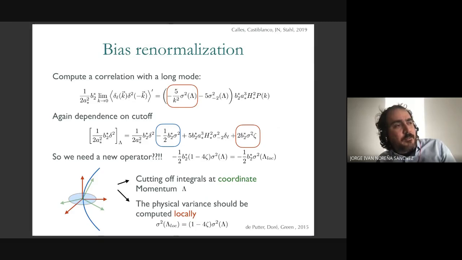And we see this for every operator. For every operator, we have terms that contain the curvature fluctuation. And when you renormalize, it seems that you need to include them. But there is always the exact same combination with the variance that gives you the local physical variance, which is kind of nice.